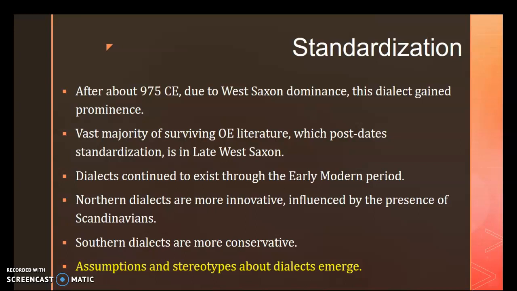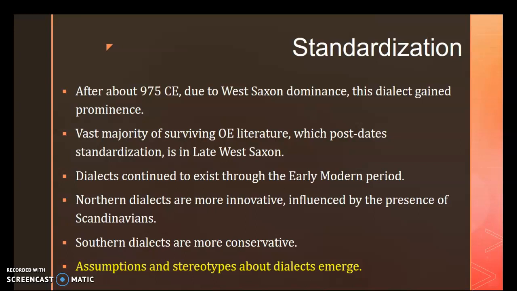And we'll talk a little bit about that later. So typically, people with northern dialects were more innovative in grammatical constructions, and this is because of the Scandinavian presence and Old Norse influence, and southern dialects were more conservative.